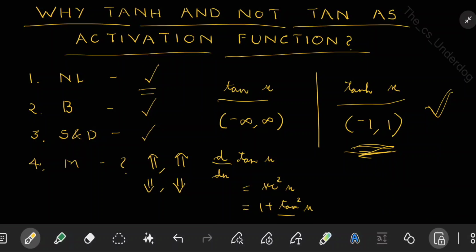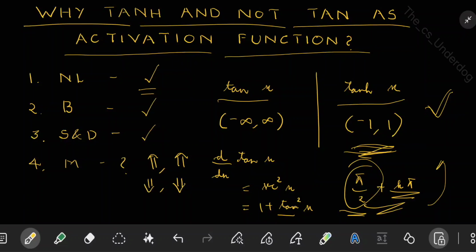The problem is, at every point near pi by 2 plus k pi, because tan is periodic over this, whenever you reach a point pi by 2 plus k pi, at an interval of k pi, it is going to explode. So the gradients will explode every pi values, at pi by 2. This is a problem with the tan x function.